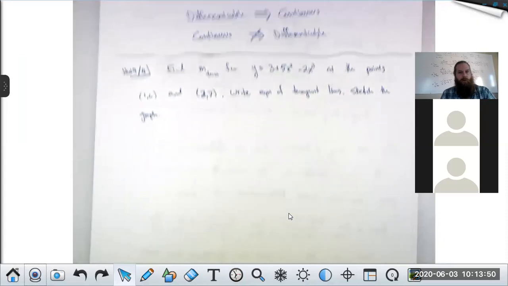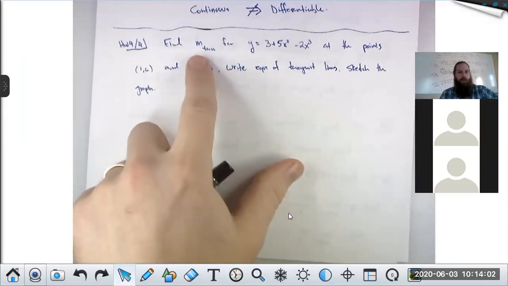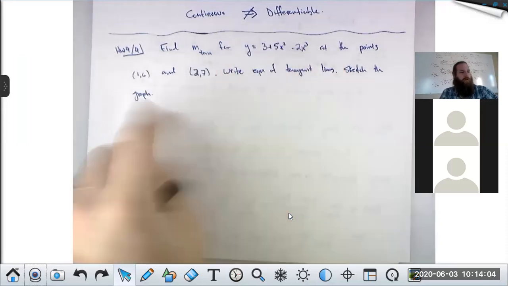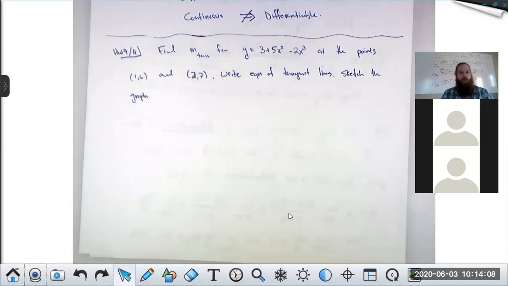All right. So I'm writing this with fewer words, but this is what we want to do. We want to find the slope of the tangent line, m tan, for this function at these 2 points. We want to give the equation of the tangent lines and sketch the graph. The function we're dealing with here is a cubic polynomial, which means we're going to have to be a little bit patient.